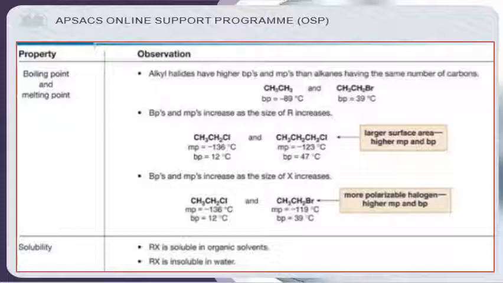So when a more polarizable halogen is attached to the alkyl group, it raises the melting point and boiling point. You must remember these 3 points which affect the boiling point and melting point of alkyl halide.